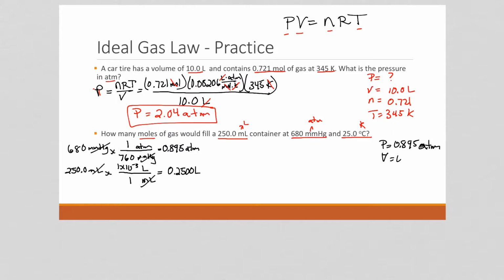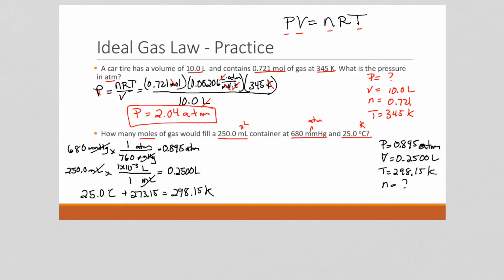So volume here is 0.2500 liters. And then finally my temperature. My Kelvin temperature equals my Celsius temperature plus 273.15, which equals 298.15 Kelvin. And of course n, in this case, is what we're trying to find.